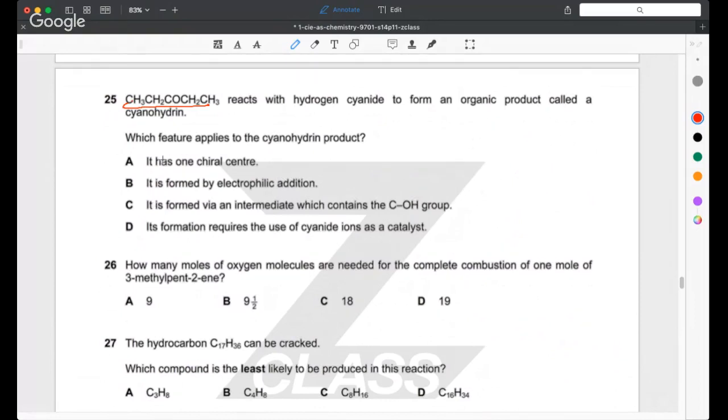Okay, so you've got this compound up here, which if we write out the displayed formula, then you've got that, haven't you? And you're reacting it with cyanide ions. And the mechanism is you've got the cyanide ion there. That's slightly negative.